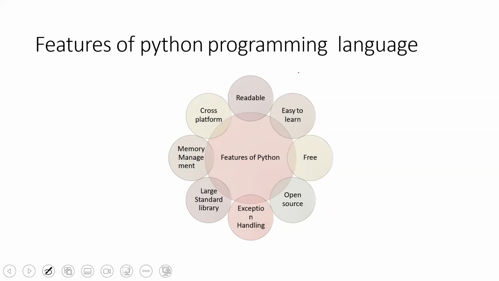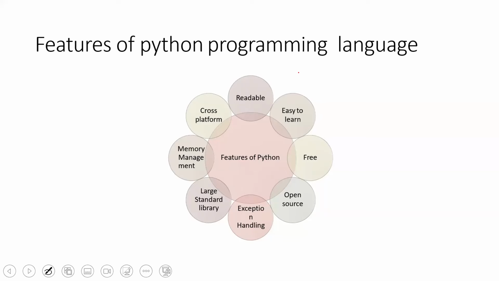While buying an AC, you definitely check what features it has. Let's say you're buying a mobile or a car, you check the features. Similarly, while using Python, we need to know what features Python has. These are the different features available in Python.